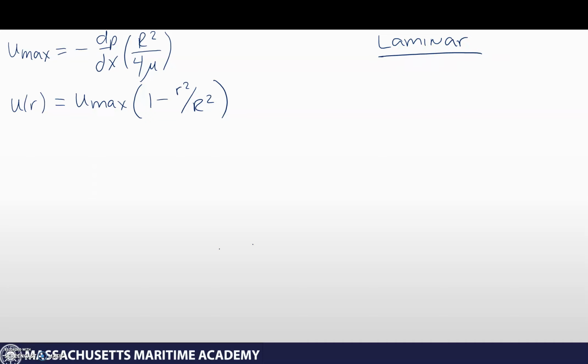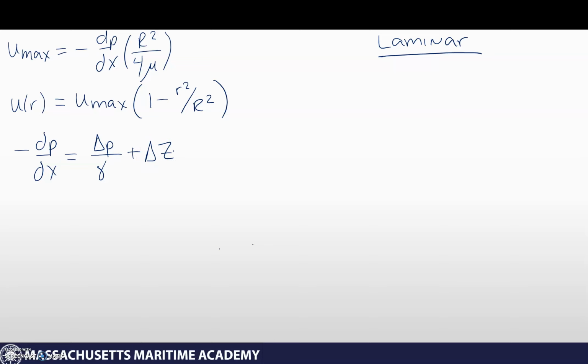So the first thing we need to define is dp dx. What is dp dx? That's our pressure drop in the x direction. As we've put together in previous lectures, dp dx is the change in pressure divided by our specific weight plus change in height.